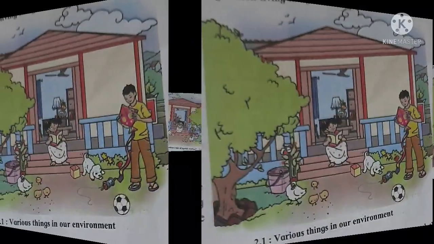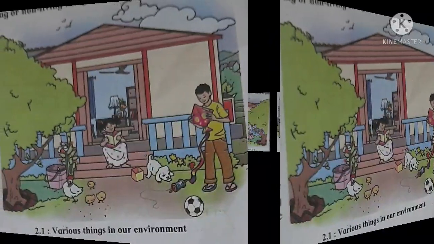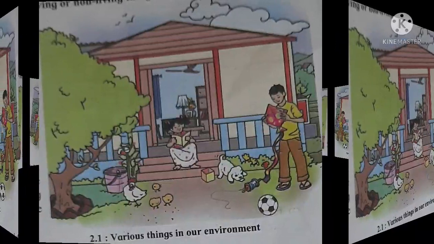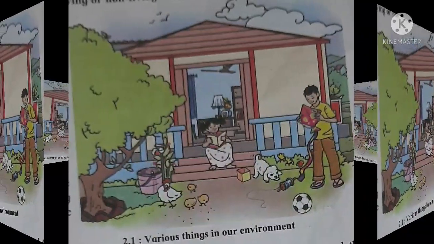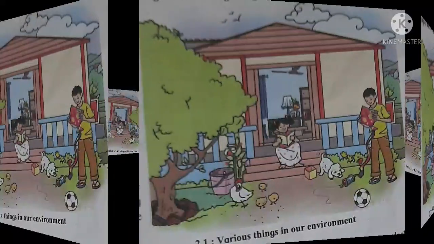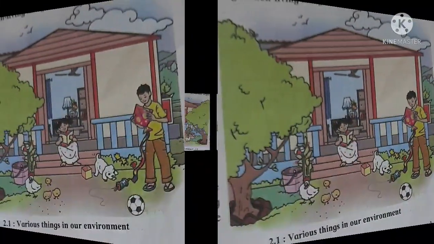When we see the many things in our environment around us, we easily identify which are living things and which are non-living things.